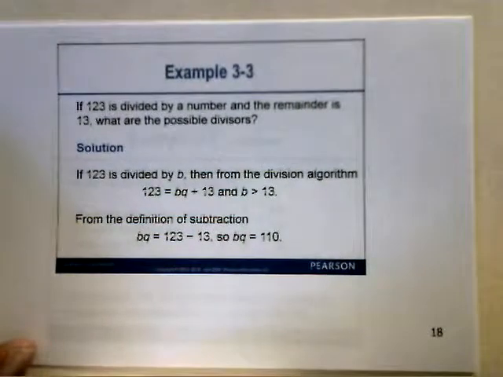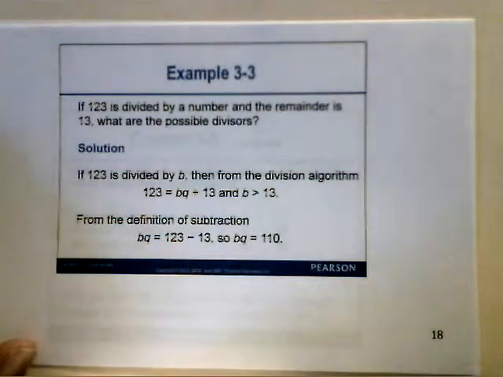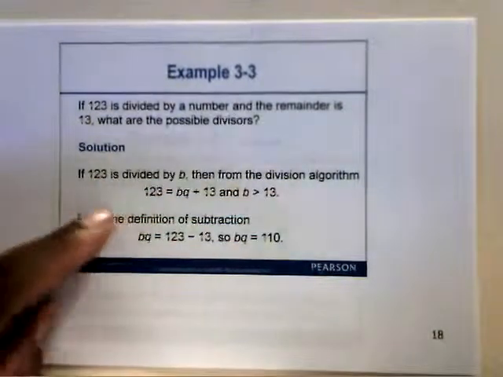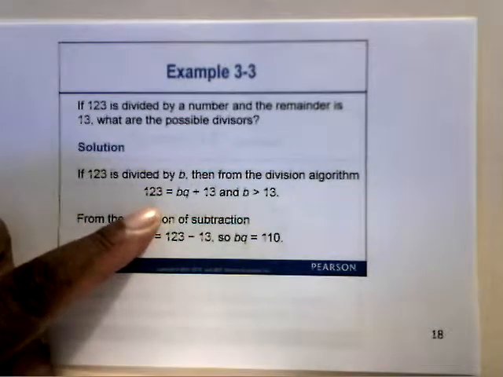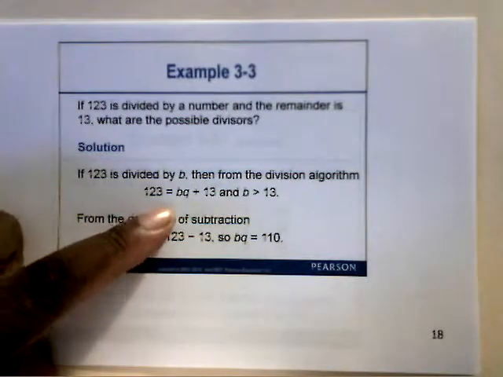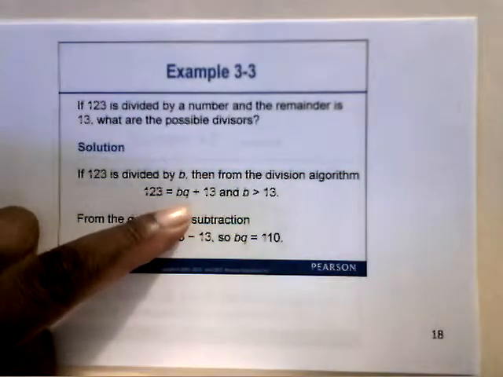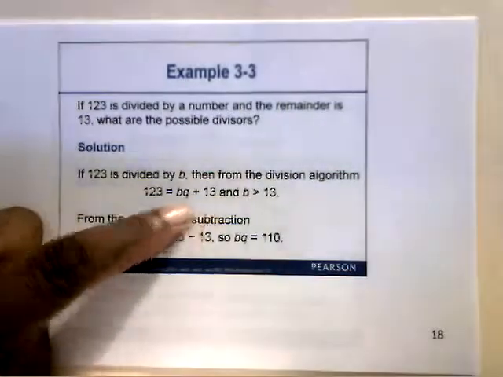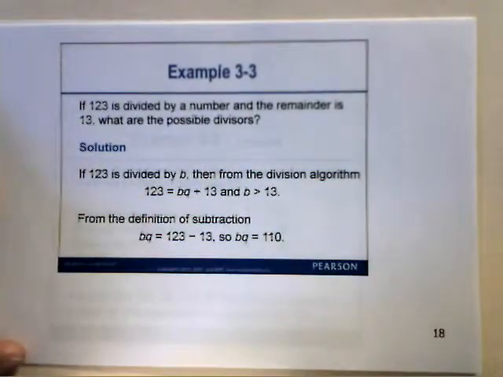Let's say 123 is divided by a number and the remainder is 13. What are the possible divisors? Let's see, 123 is divided by b. Then from the division algorithm, 123, that's your dividend, is equal to some number b times q, which is your quotient, plus 13. But b has to be bigger than 13.